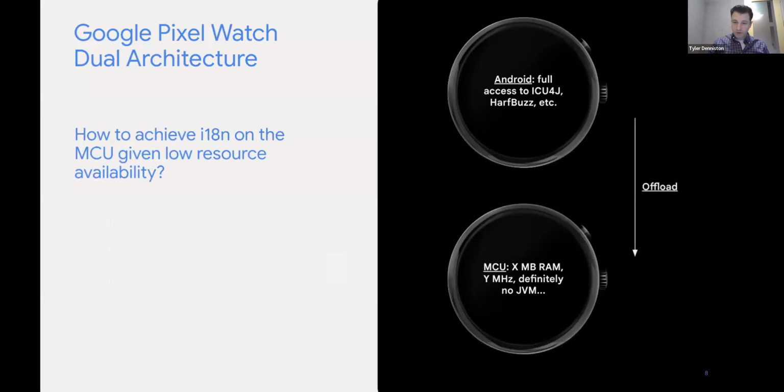I think it should be no surprise, given the context of this talk, that this is where ICU4X comes in for us. What we were able to do on the Pixel Watch was, before control gets handed off from the main processor to the microcontroller, we take a look at the current locale that the watch is running in, and we ask ICU4J for the locale data, which is actually a fairly small little packet of data.